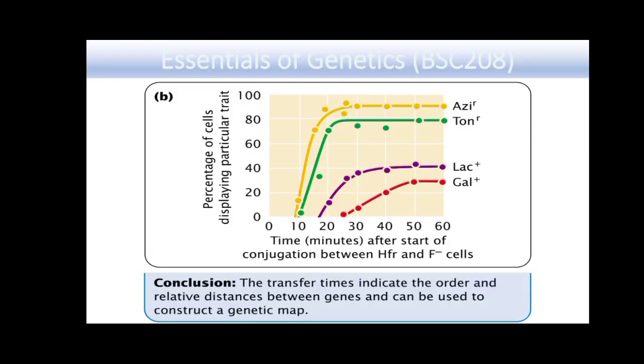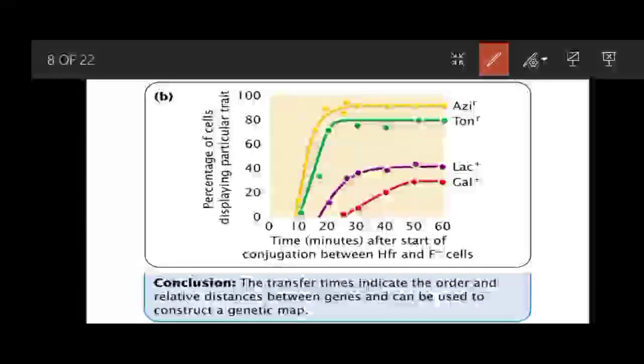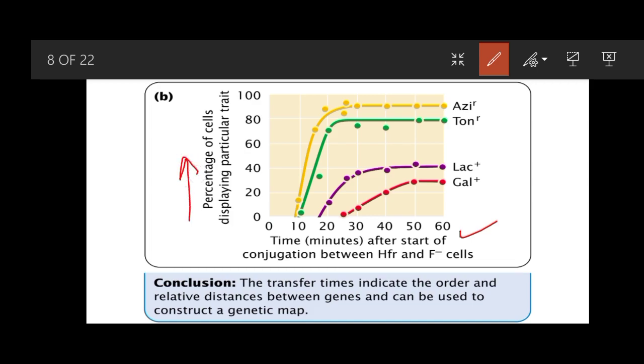So they concluded that the transfer time indicates the order and relative distance between the genes, and this time can be used to construct a genetic map. For example, in this figure, time is plotted on the x-axis, and the percentage of cells displaying a particular trait is plotted on the y-axis.